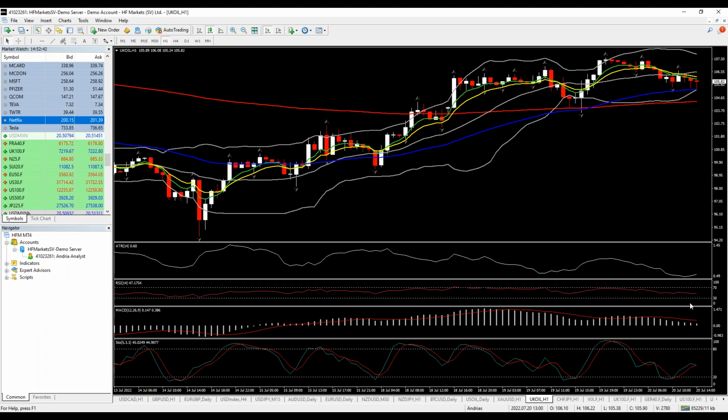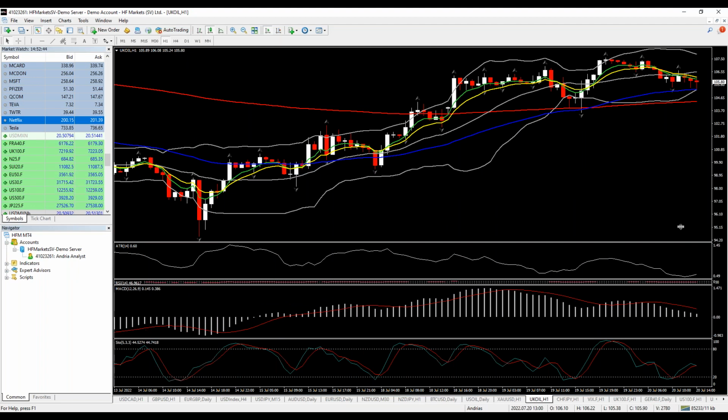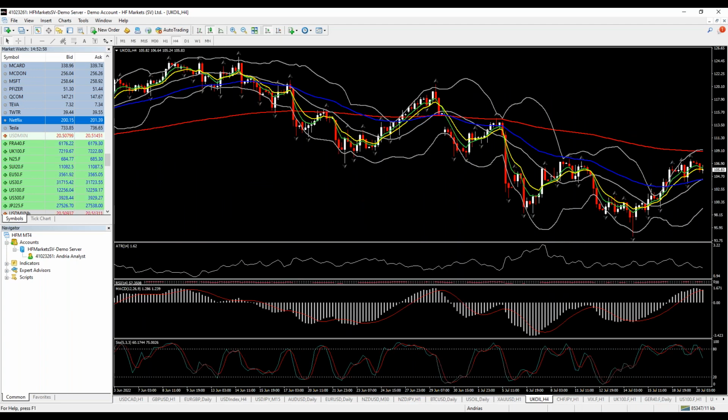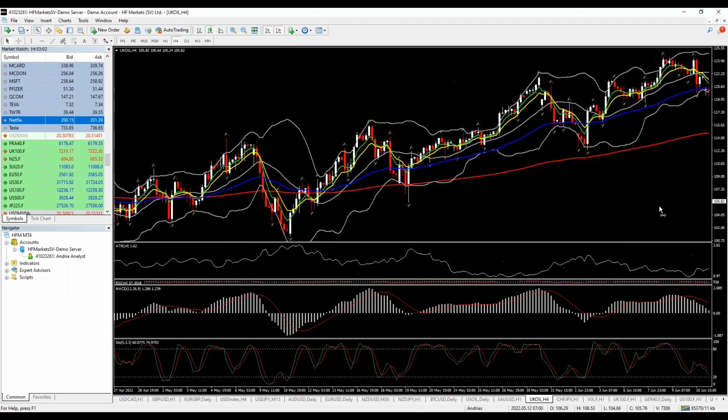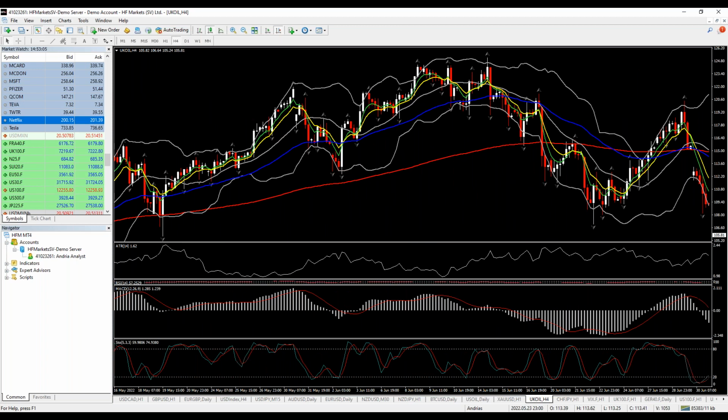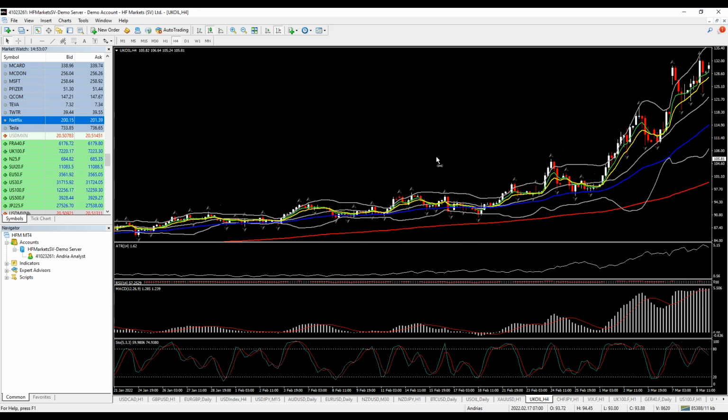Can you see that? Over here, in oil, in the Brent, MACD is nearly ready to touch zero. In some cases, you might see something even more interesting. Okay, here it is. Can you see this, guys?